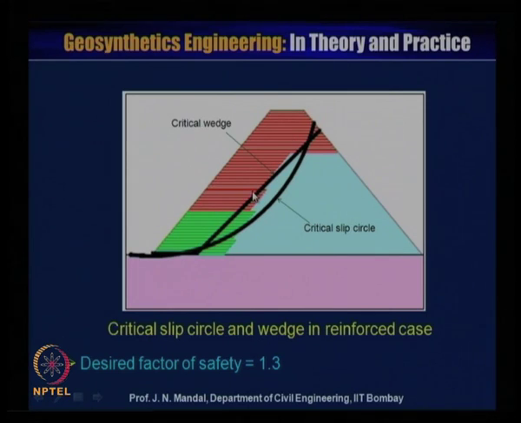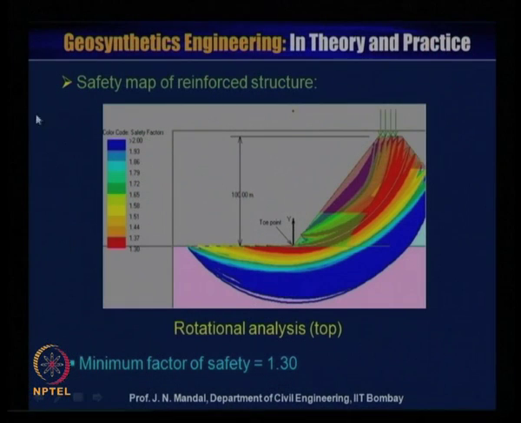Then you have to check what will be the factor of safety for this case. We are adopting the desired factor of safety, let us say 1.3. So that is the desired factor of safety. Now, here it is shown the safety map of the reinforced structure. Now, we apply the reinforcement. This is by rotational analysis top.